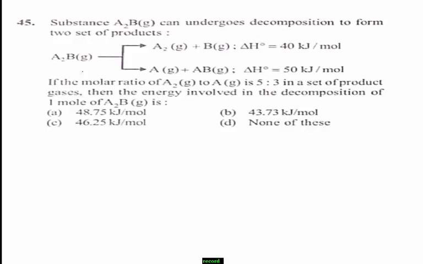Students, they gave the molar ratio A2 to A, that is equal to 5:3. Energy involved in the formation of 5 moles of A2 is equal to 40 into 5, that is 200 kilojoule.